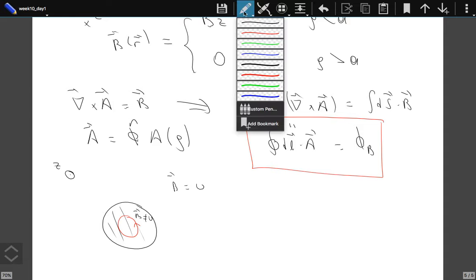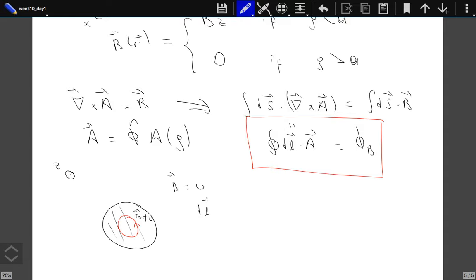Now for this loop, dl is just its magnitude in the phi hat direction. So dl dot A is just A of rho times dl.